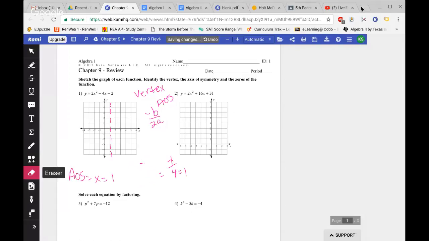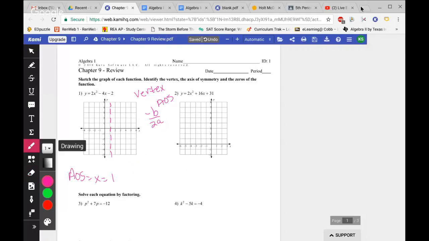And now to find the other part of the vertex, the y-coordinate of the vertex, you just plug in the 1 that we got into the equation, and we got 2 times 1 squared minus 4 times 1 minus 2.